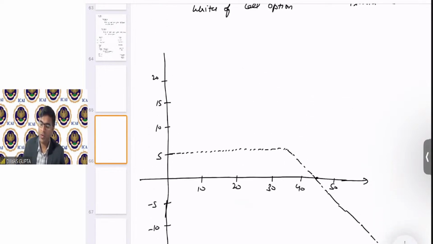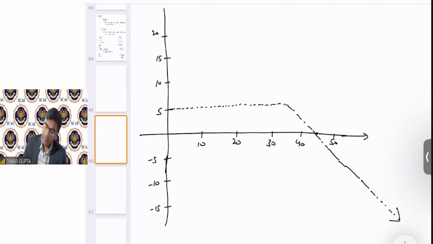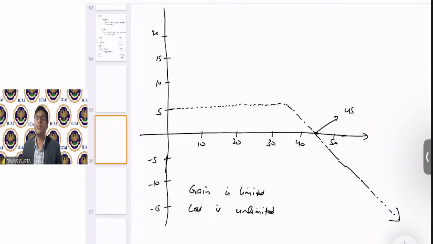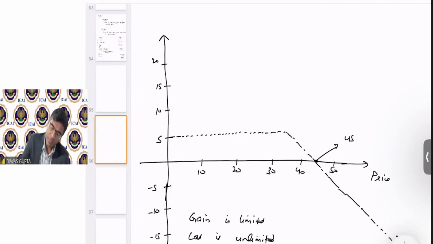This is from the point of view of the writer of the call option that we discussed yesterday, right? Gain is limited, loss is unlimited. Further, it will intersect at 45, correct? The reason being at 45, the payoff will be 0. So again, this is the price and this is the payoffs.